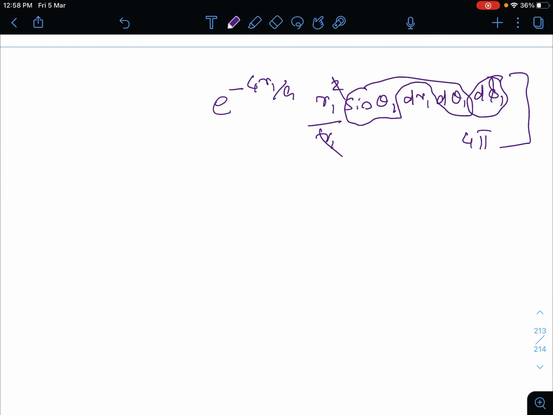I'm doing the integral 0 to infinity, and I have to integrate only the terms of r inside the bracket. So that is simply 1 minus 1 plus 2r1 by a e raised to minus 4r1 by a.